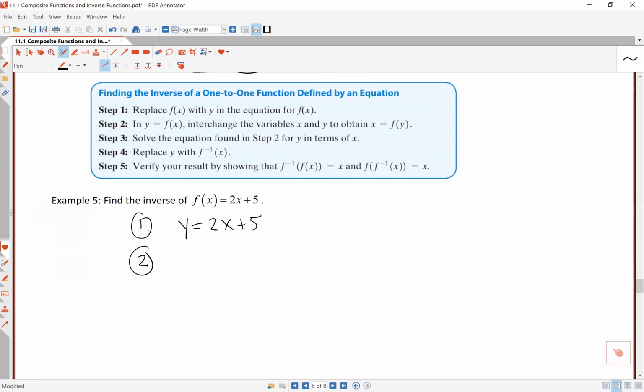Step 2 says in y equals f of x, interchange the variables x and y, and that means x now is a function of y. This is the inverse function defined by an equation, x equals 2y plus 5. But we like to have our functions with y equals f of x. So now we solve for y.